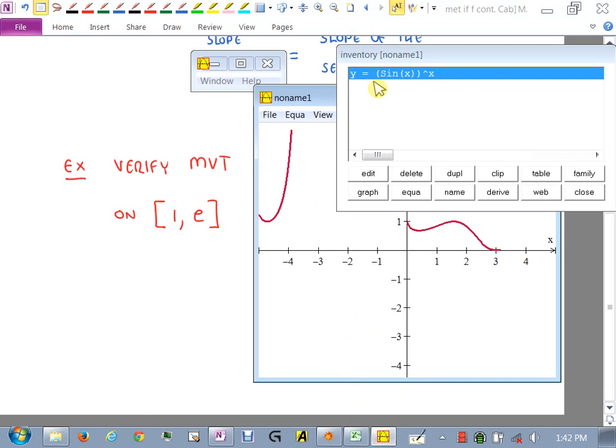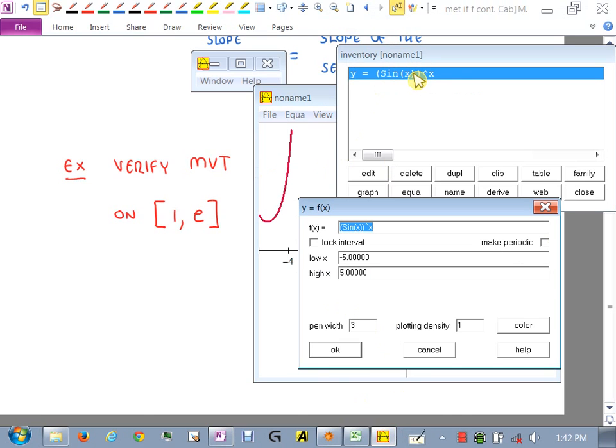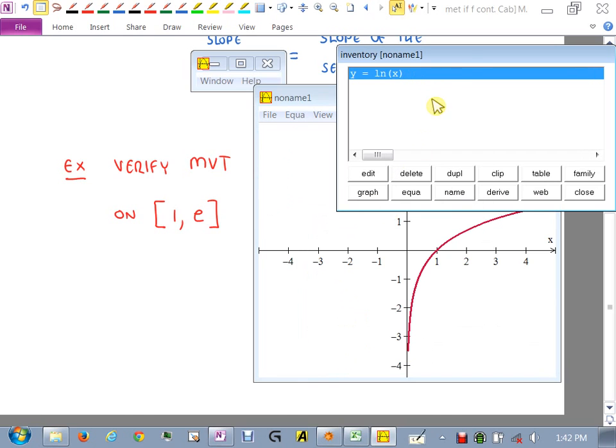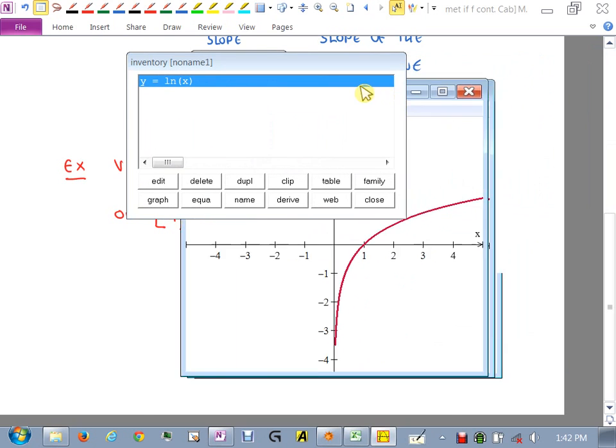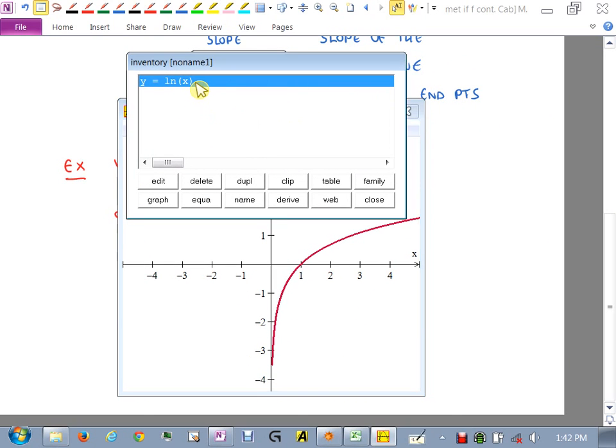So I'm going to bring up the graph of natural log x. I'm going to graph it on the interval [1, e]. I don't know what this is going to do with e. Okay. That did not like it.